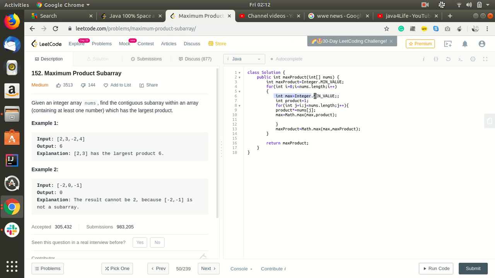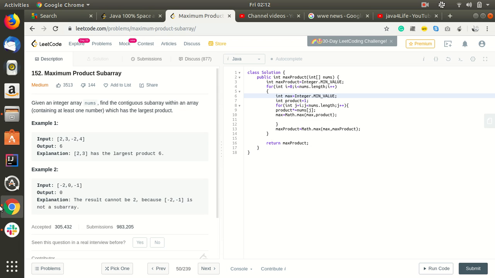In this, inside the for loop which is iterating up to i, max is equal to Integer.MIN_VALUE, and I initialize product equal to 1, and we are just checking product into nums of j.